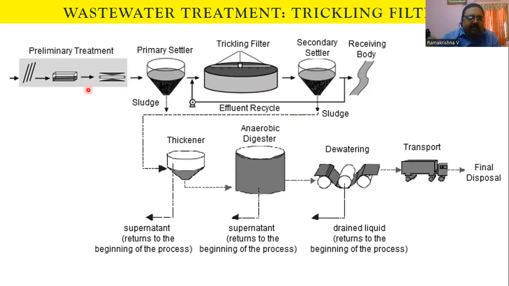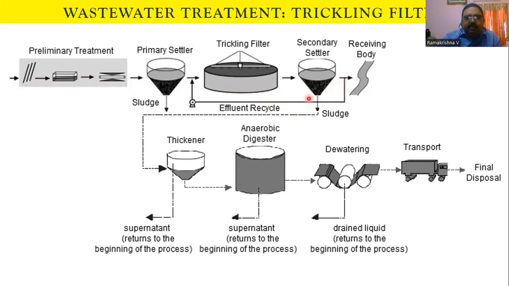Here, the preliminary treatment will not change: the screens, grit chamber, then primary sedimentation tank. Then in place of the aeration tank, we are keeping a trickling filter, and the secondary sedimentation tank is also following. But there is recycling of the wastewater from after the secondary sedimentation tank.